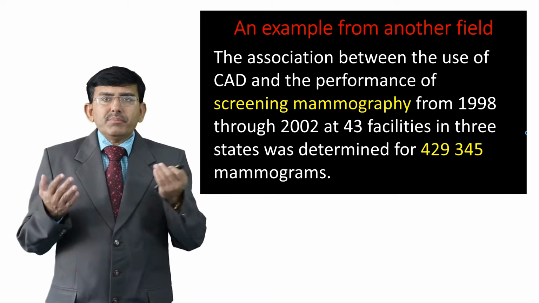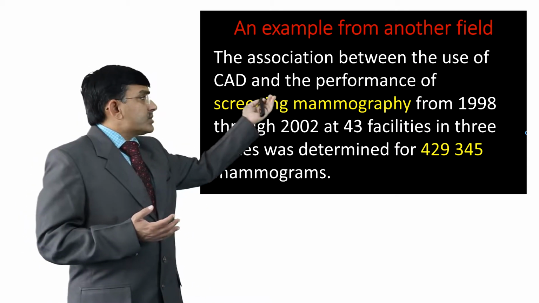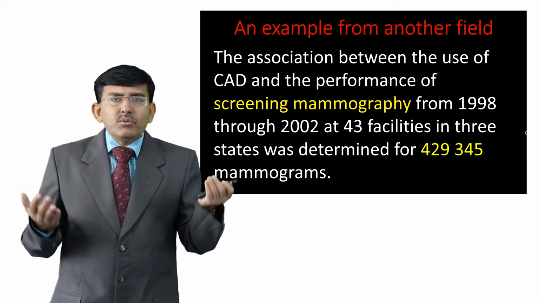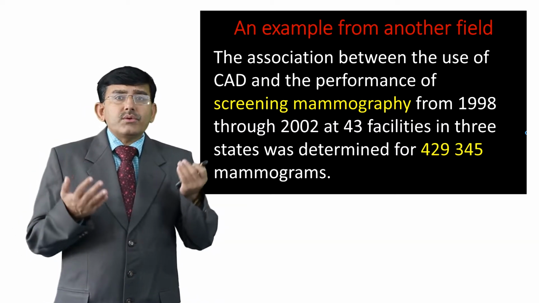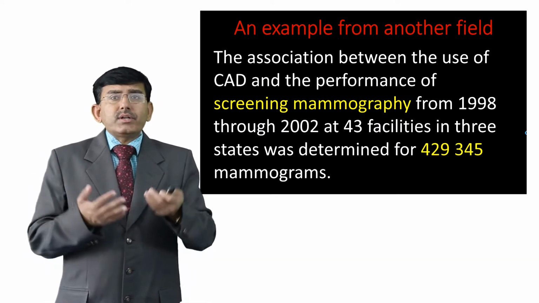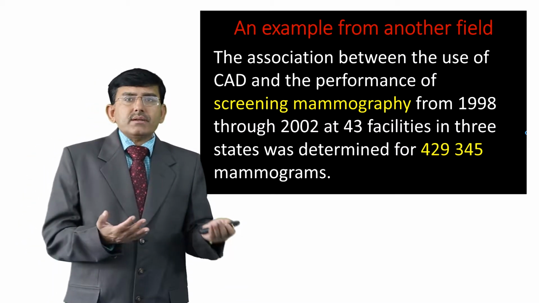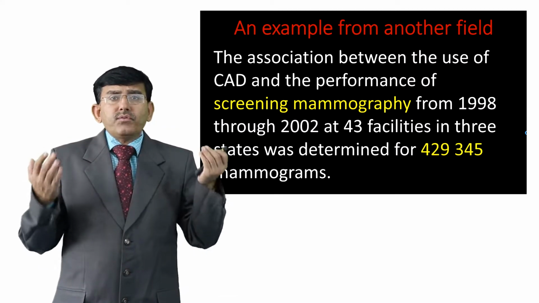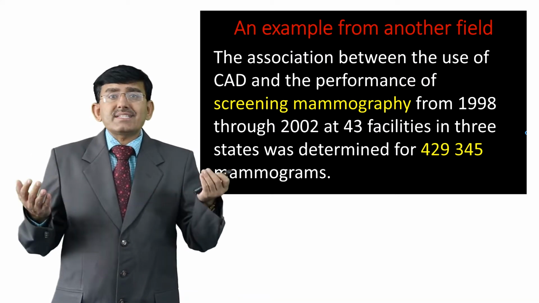The association between use of the computer-aided diagnostic tool and the performance of screening mammography from 1998 through 2002 at 43 facilities in 3 states was determined for 429,345 mammograms of different subjects.